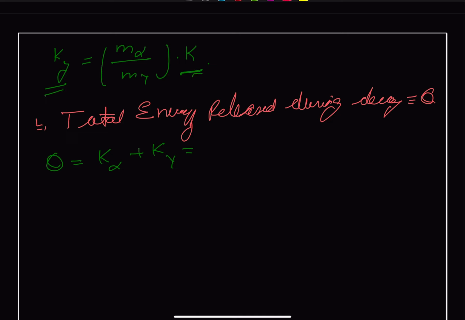So if we substitute it, we can take K of alpha as common. This comes as 1 plus mass of alpha divided by mass of y, whose values are known to us.